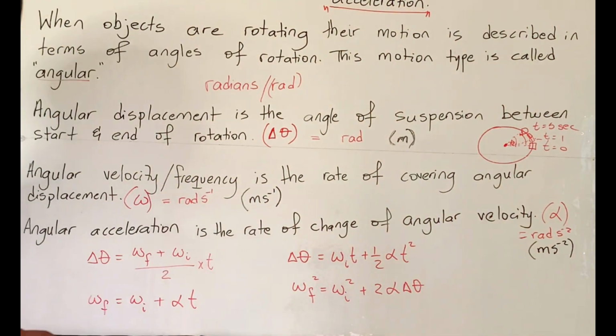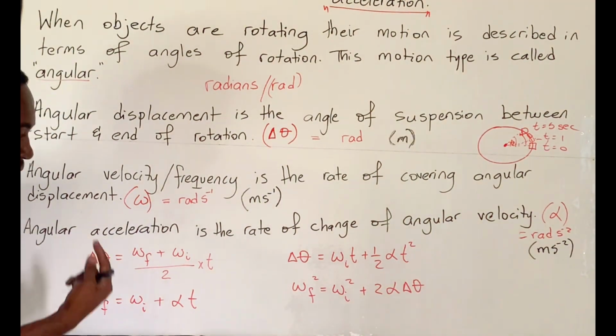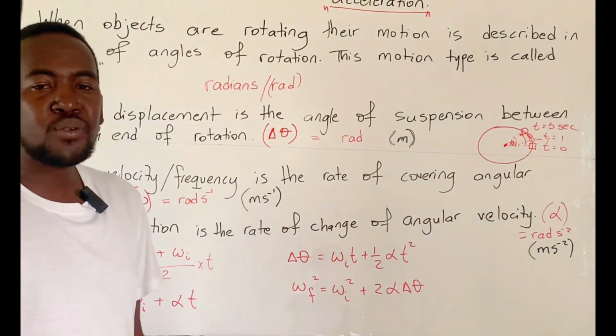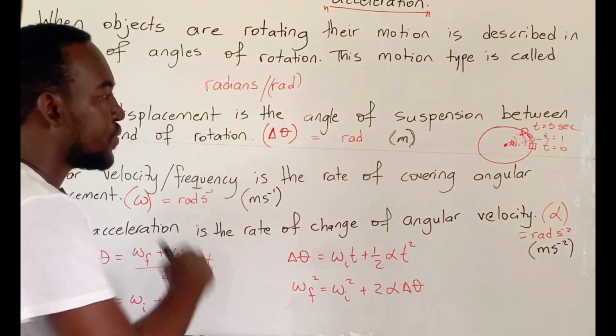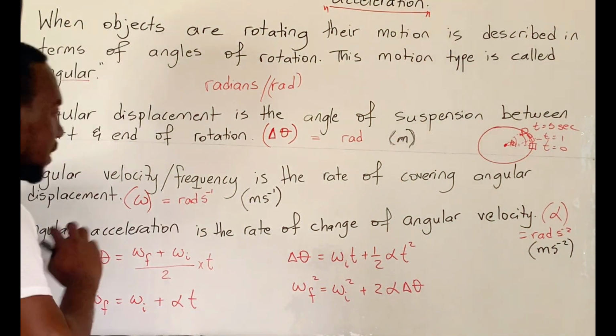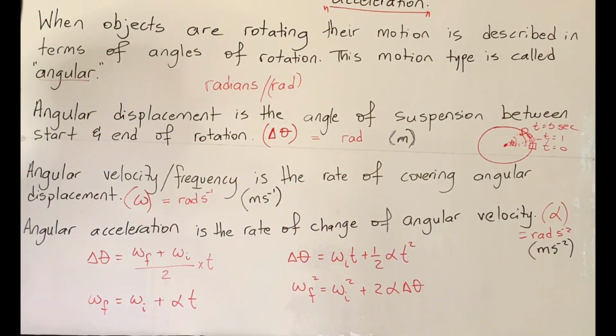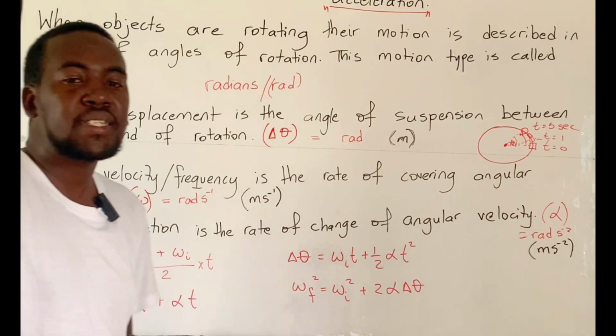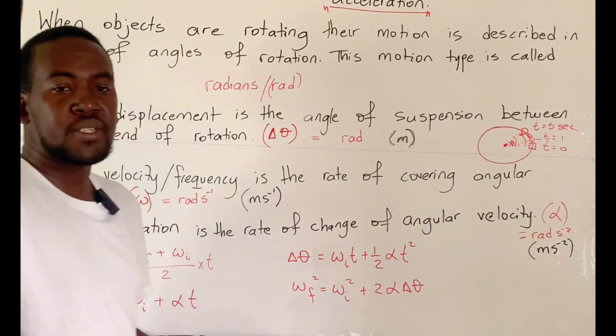Now, finally, before we go, we look at the different formulas we can use with these three definitions. These formulas might look weird and new, but they are not, because they are taken from linear formulas that we explored in previous lessons.